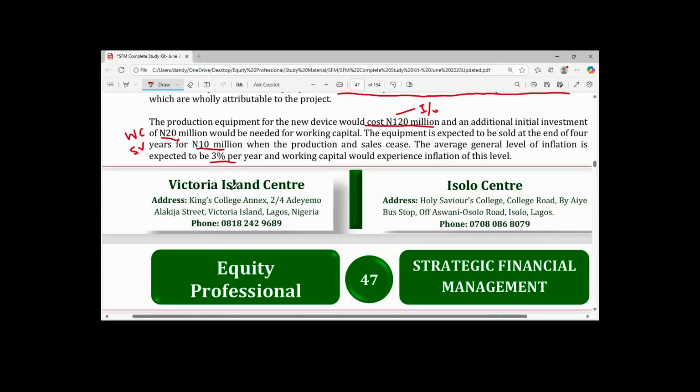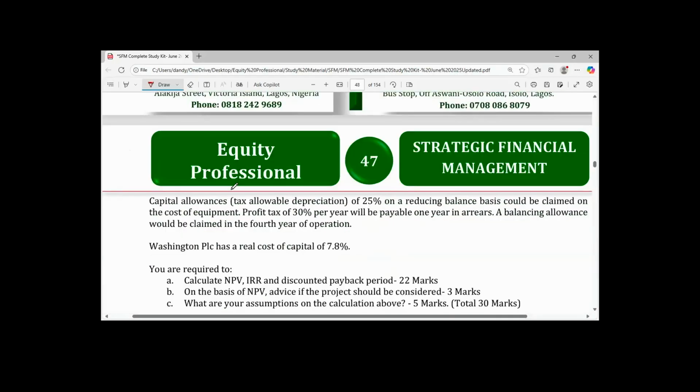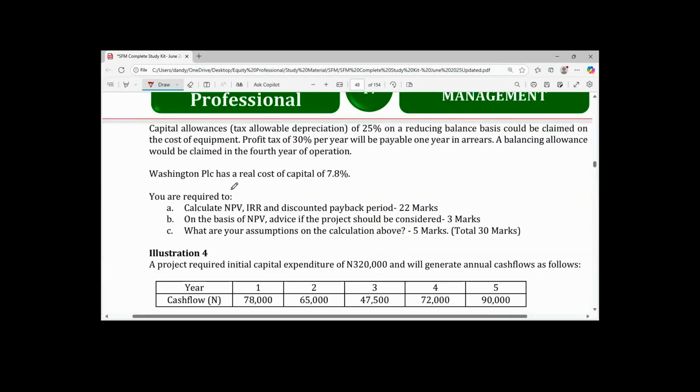Please scroll up. Capital allowances, tax allowable depreciation of 25% on a reducing balance basis could be claimed on the cost of equipment. Profit tax of 30% per year will be payable 1 year in arrears. A balancing allowance would be claimed in the 4th year of operation.